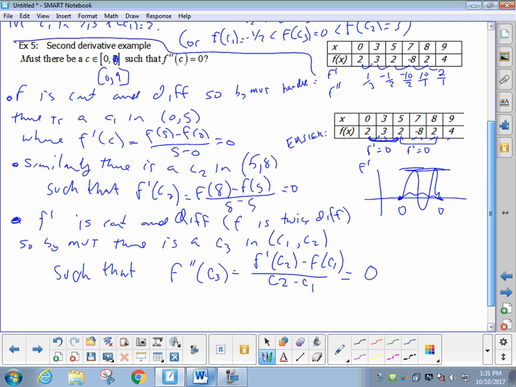Down here I had to say F prime is continuous and differentiable because I was applying it to F prime. So it depends on what you're applying it to, that what you're saying is continuous and differentiable. I guess you could kitchen sink it and say F and F prime. But then I also don't know if F double prime. That's true. Good point. You're right.